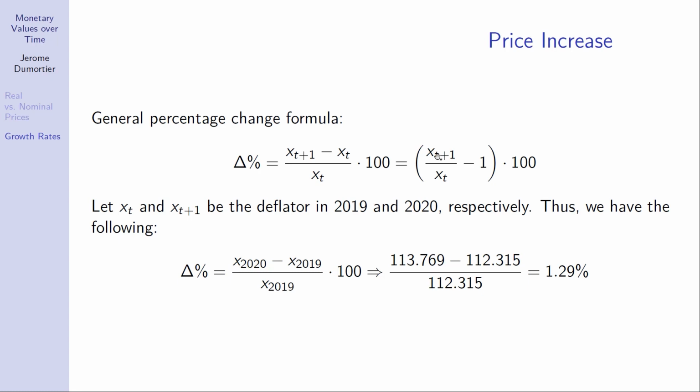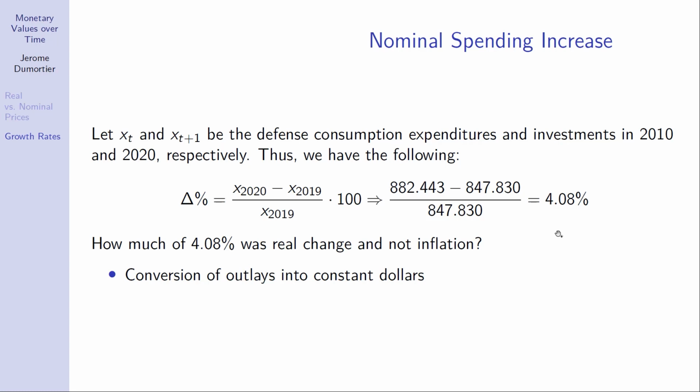If you are calculating the increase between 2019 and 2020 for the implicit price deflator, you know that in 2020 that value was 113.769, that's t+1, and in the previous year it was 112.315. This represents an increase of 1.29%.